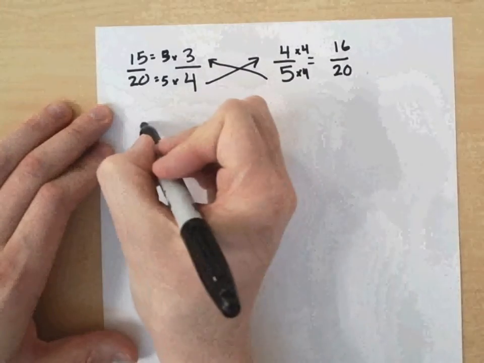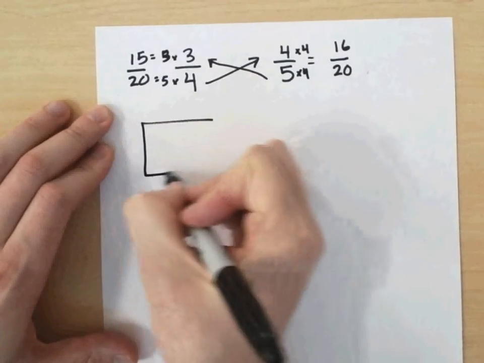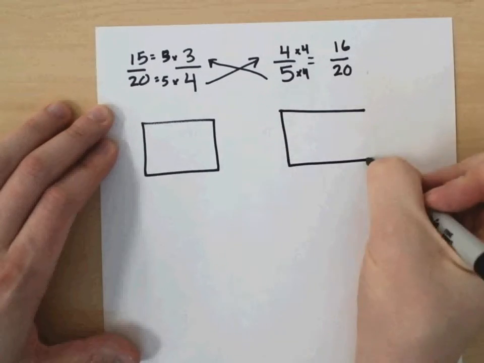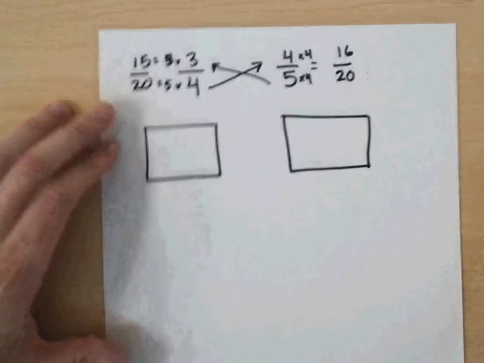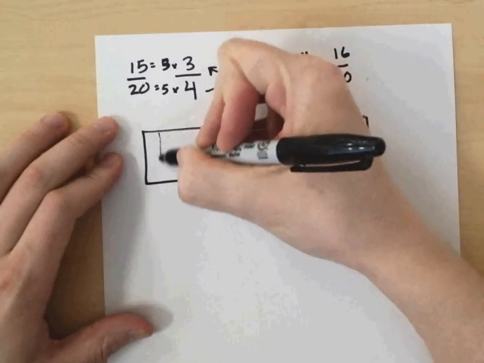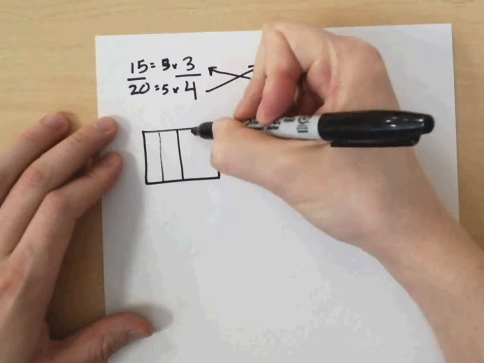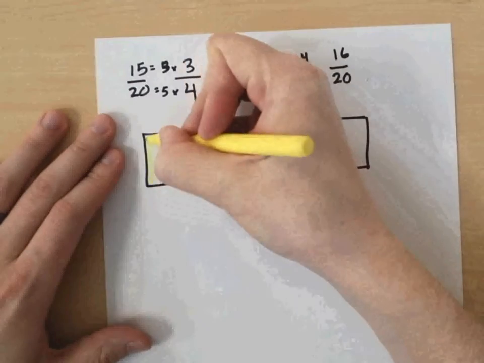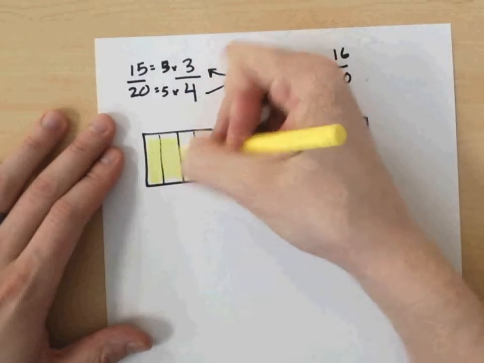The last step would be to show this using a picture or a model, which is a little bit trickier. That's not too bad. We have 2 holes and we're using an area model. In this first hole, we are dividing vertically into 3/4 and shading in 3 of those 4 pieces.